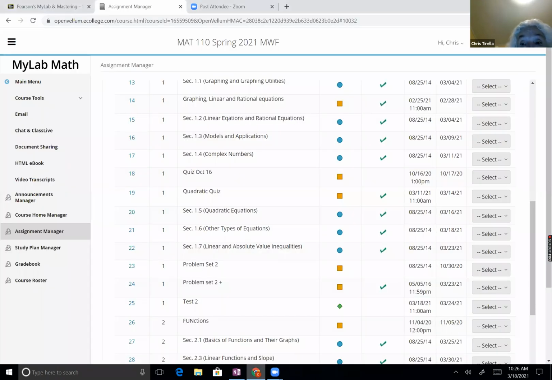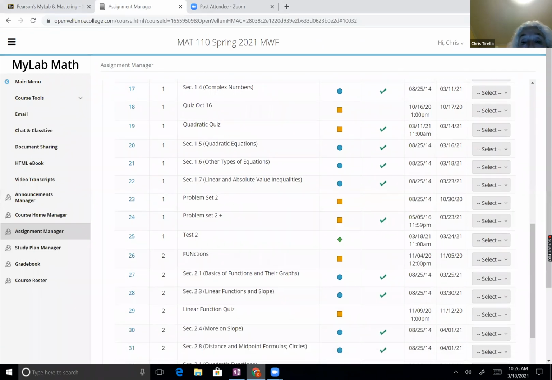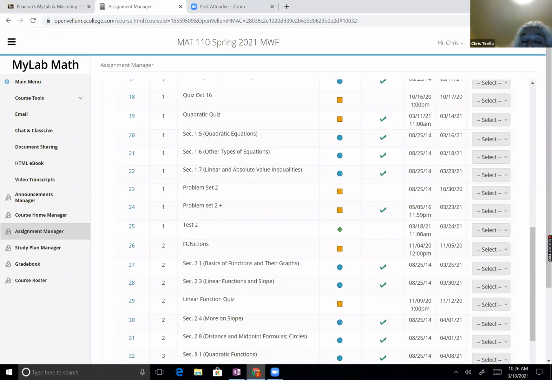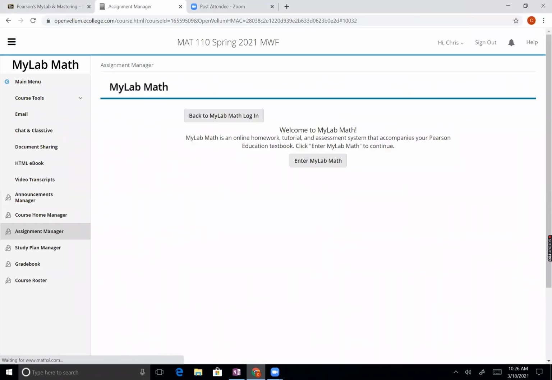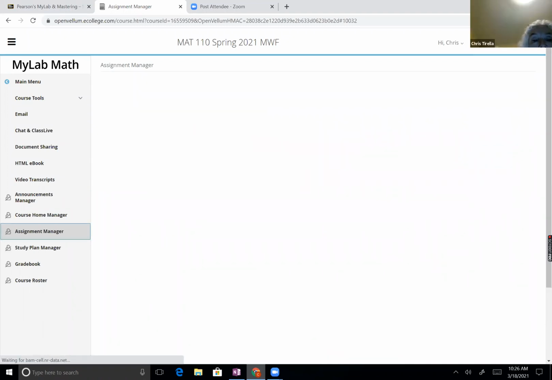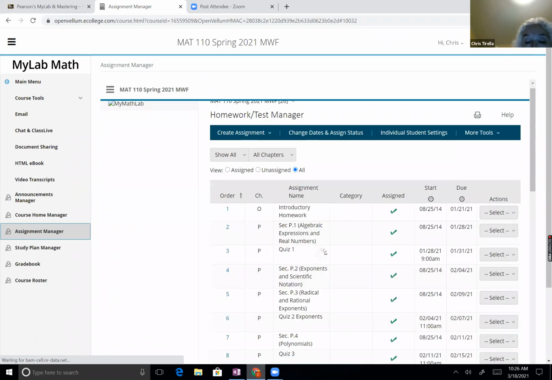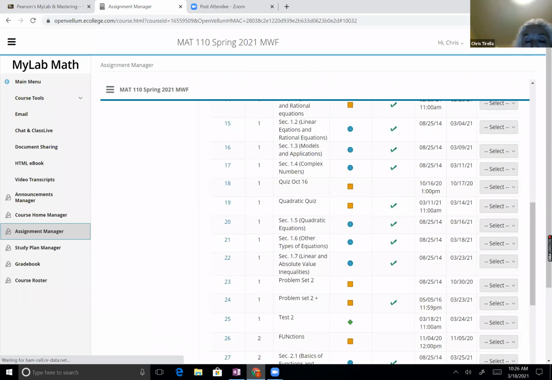So let me go through and just double check the test. Oh, I don't have it assigned yet right now. It's opening. Wait a minute, that's today. It wasn't supposed to open until tomorrow. Until at 11. Let me go through and change that. That settings. Oh, and how early in the morning did you folks want to be able to work on that test tomorrow? Those of you who wanted to start early.